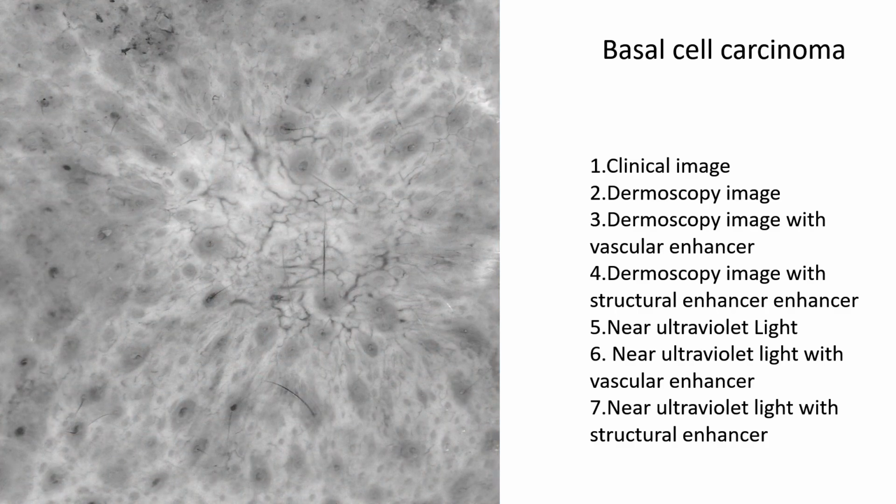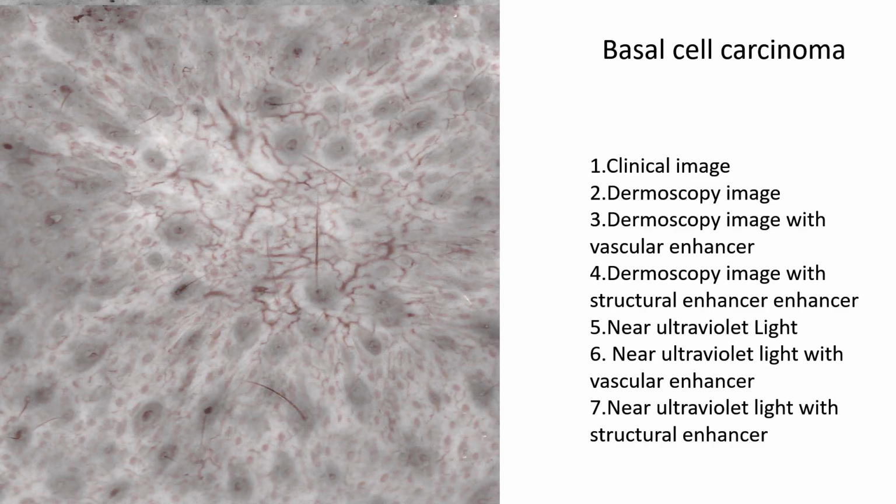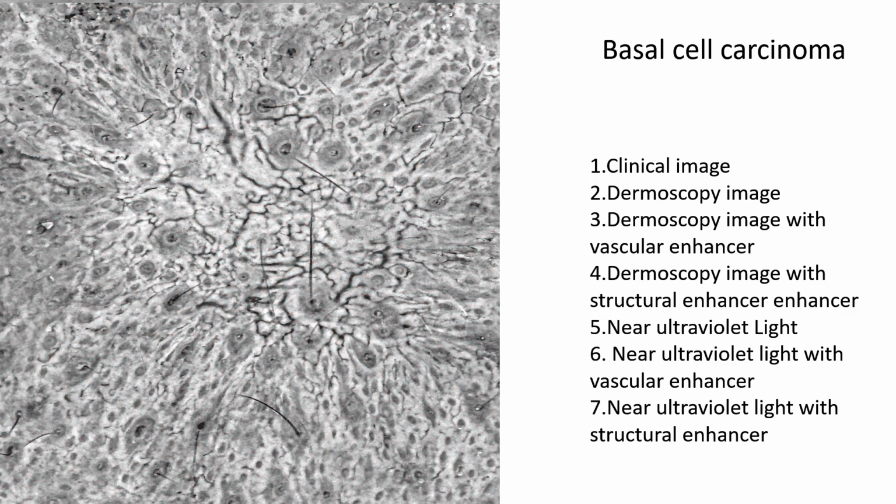In the near ultraviolet light mode, you see them not as well as in the polarized mode, but when you add the vascular enhancer, they're quite prominent, as well as with the structural enhancer. So these unique features really make a difference using the vascular and structural enhancers.